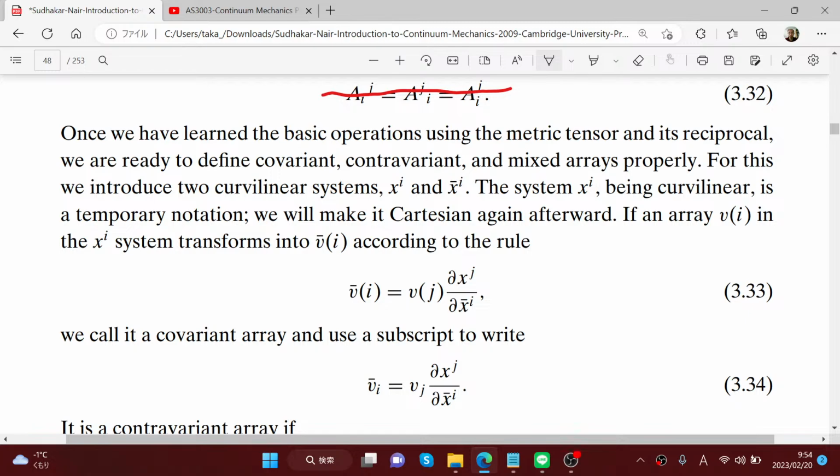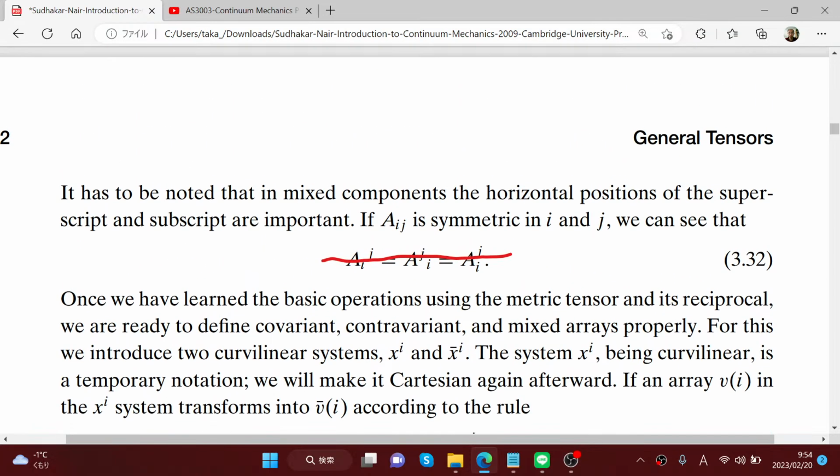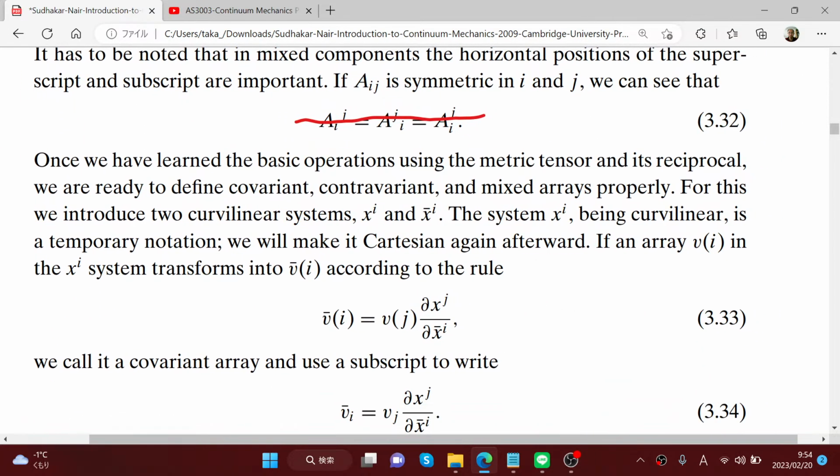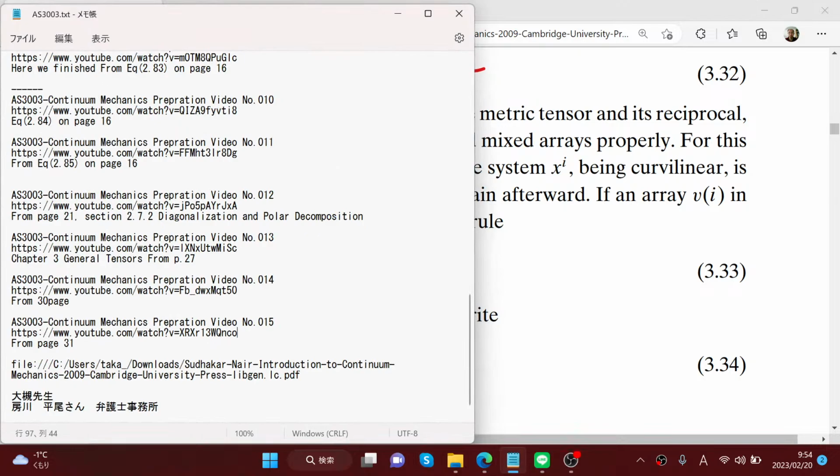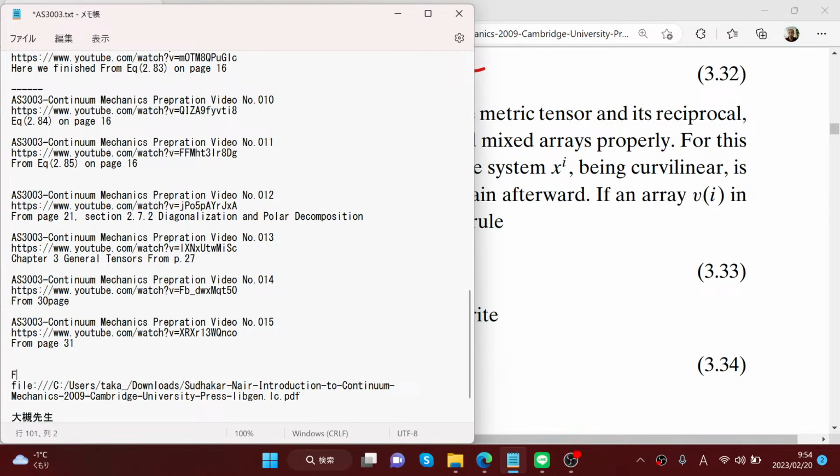Okay, let me have a break for a while. We can start from page 33, equation 3.33. Next time.